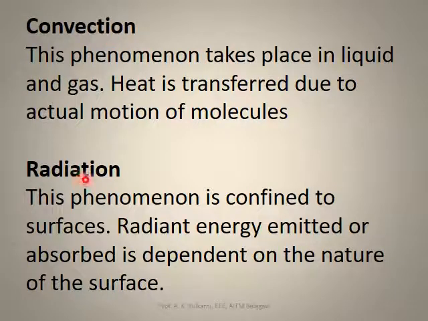Then radiation. This phenomenon is confined to what? Surfaces. Radiant energy emitted or absorbed is dependent on the nature of the surface. The best example for the radiation mode is the heating of the earth's surface. The light emitted from the sun will travel through our atmosphere and reach the earth's surface.